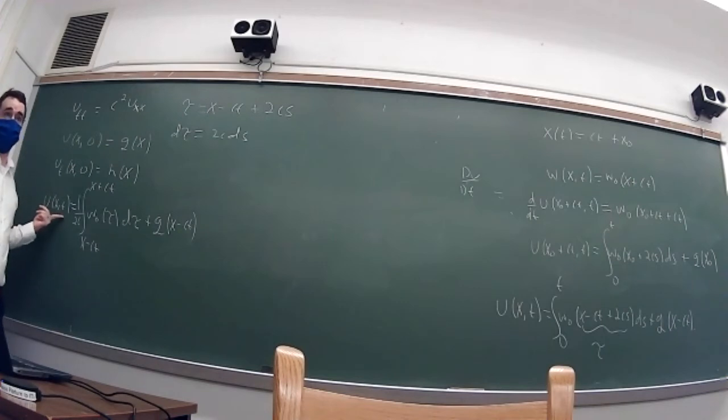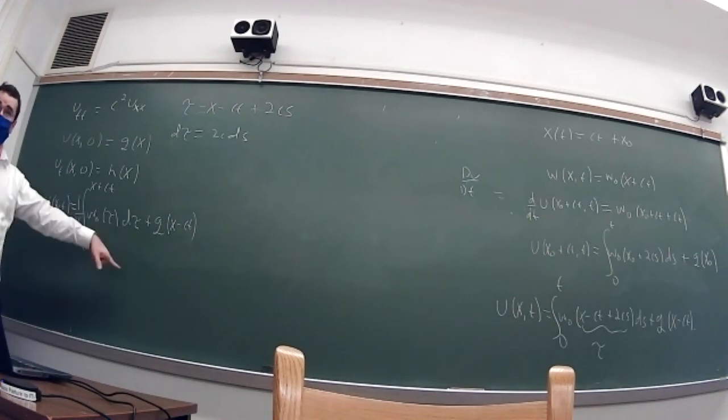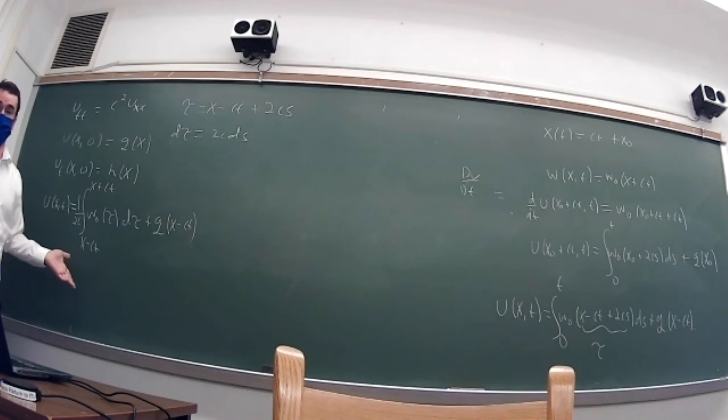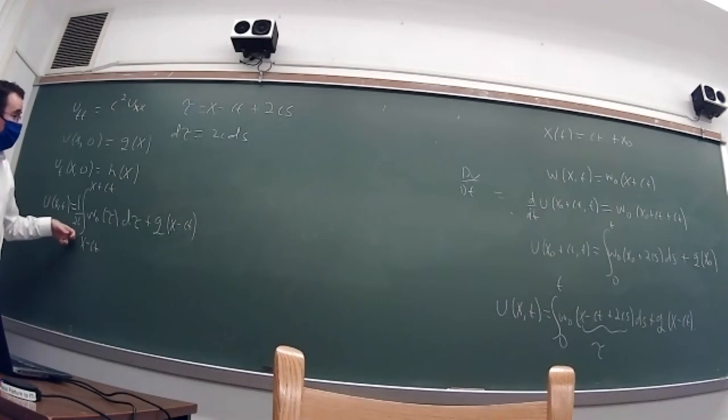And I have a formula for u here, so I can just take this derivative with respect to t, then plug in t equals 0, and then equate that to h of x, and that should give me an expression for W naught, I hope. So let's try it. And I'll do a little bit of class participation too. Go ahead and see, can you take this derivative with respect to t? And what formula do you get?